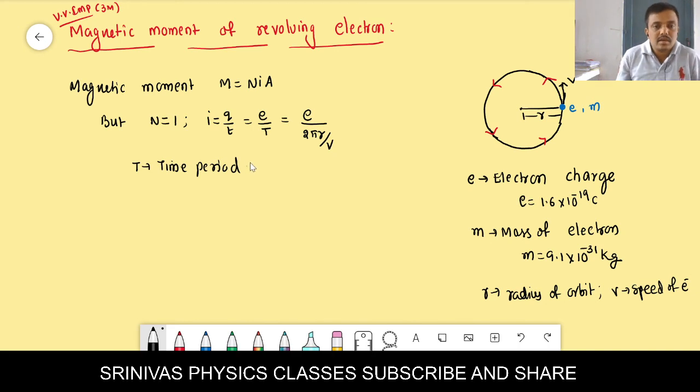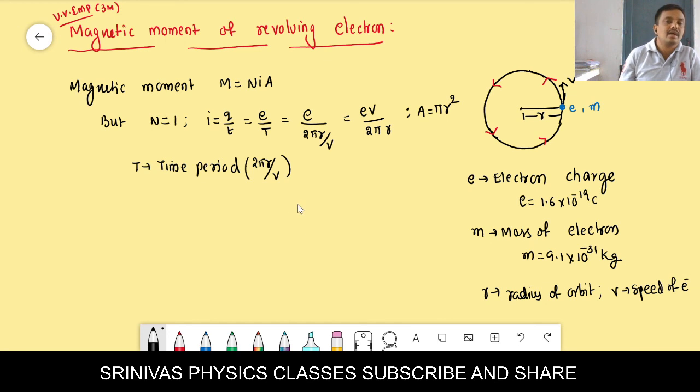This is the time period formula, distance by speed. Then finally the current formula we get as ev by 2 pi r. Is it correct? What is A? A is the area of the loop. Area of the circular loop is pi r square. We substitute all this in the above equation.